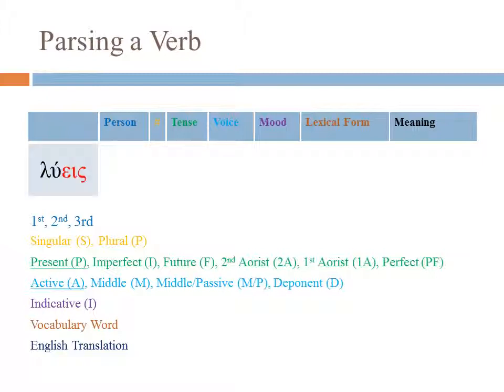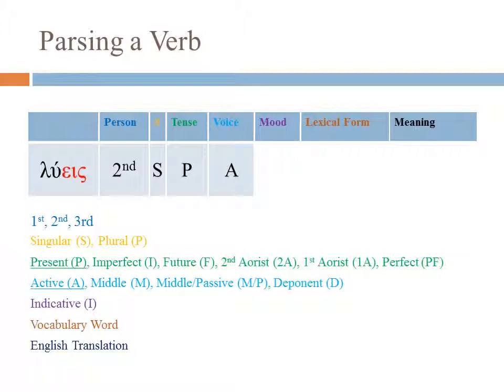So, lueis. The person is second, and the second is given by that sigma at the end of it, and it's more than just second, it is second singular. So second singular has a sigma at the end of it, lueis. The tense, of course, present.